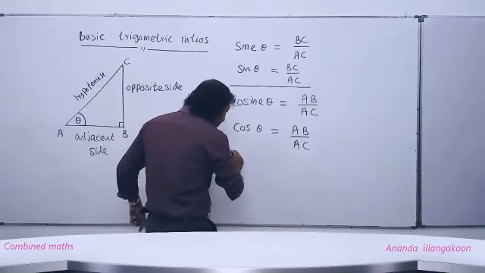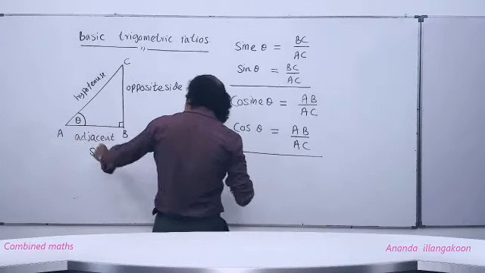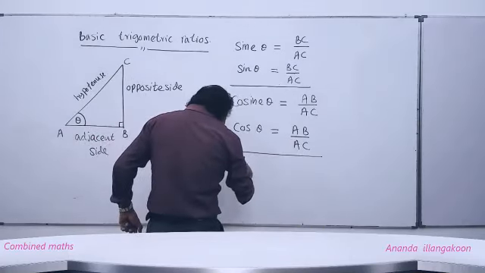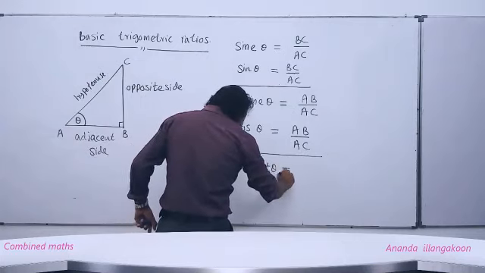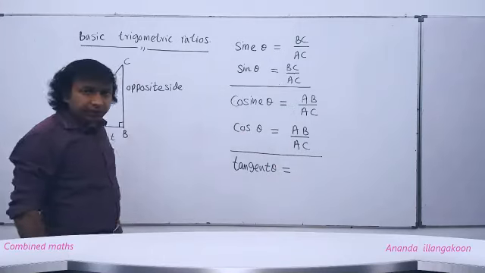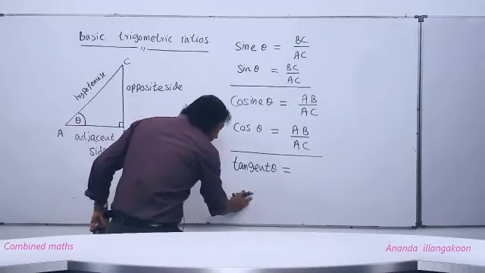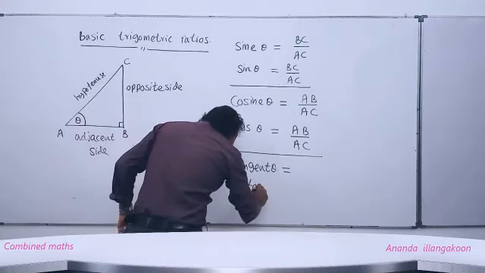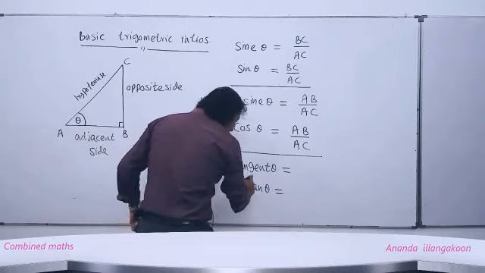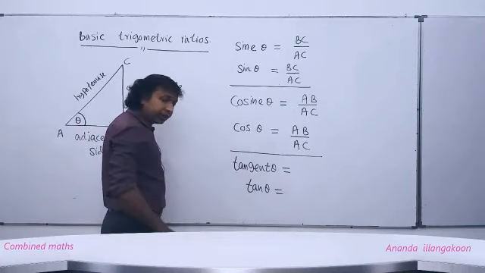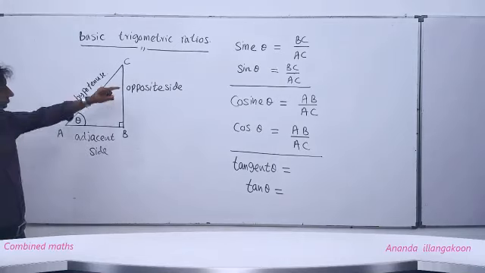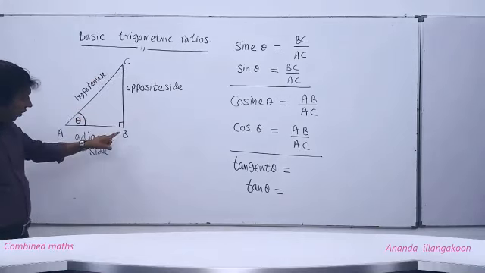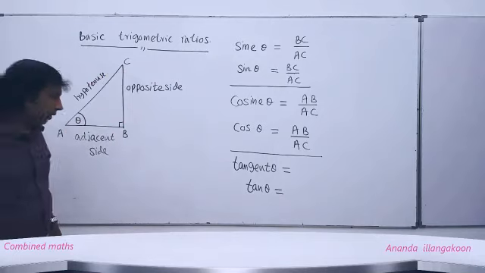Third one, for this angle theta, tangent theta. This tangent theta we write as tan theta. The full word is tangent theta. We write it as tan theta. Tangent theta we define as the length of the opposite side divided by the adjacent side, right?